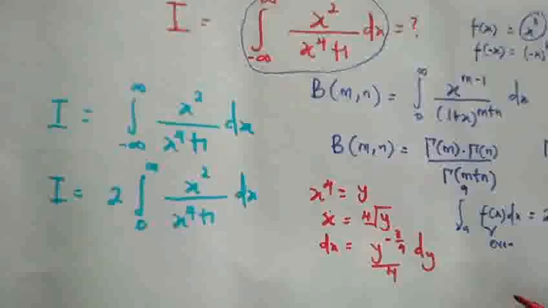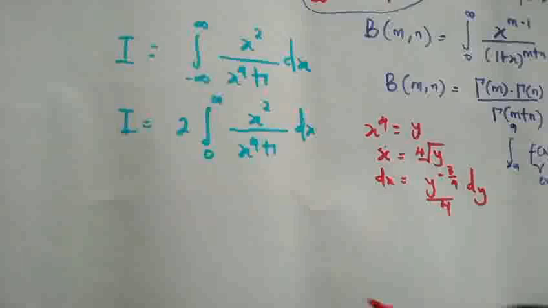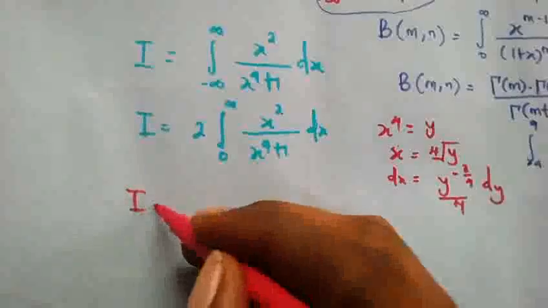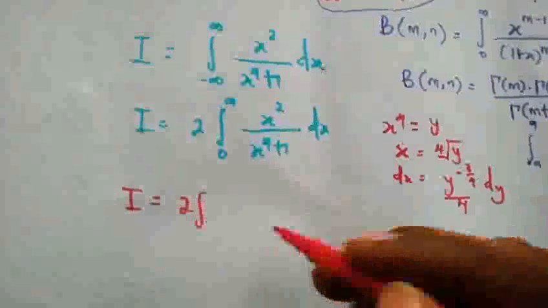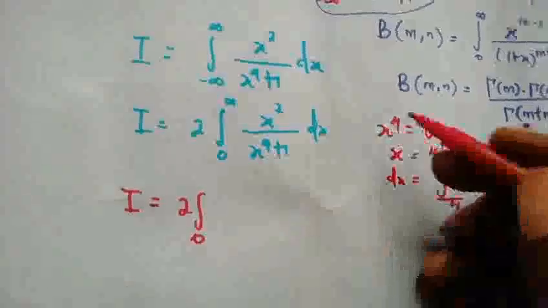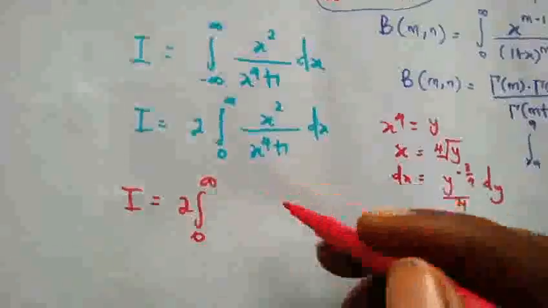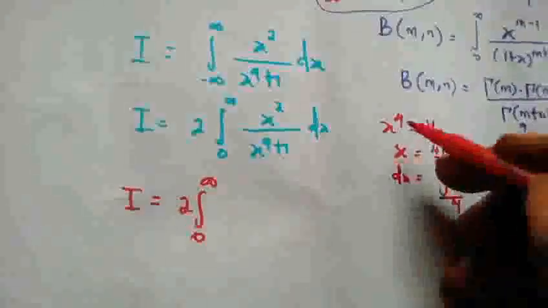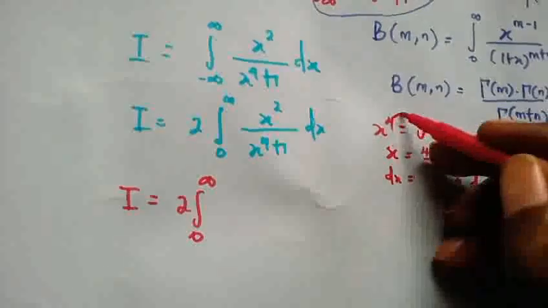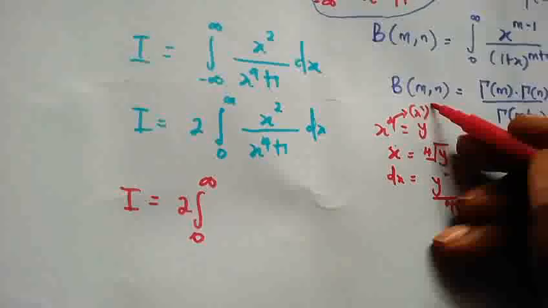Now we're going to use the following substitution to solve this problem. So we have I equal to the integral from, the limits remain the same because 0 raised to power 4 is 0 and infinity raised to power 4 remains infinity. Now x raised to power 2, how do we get it? Remember that x raised to power 4 can be rewritten as x squared squared.